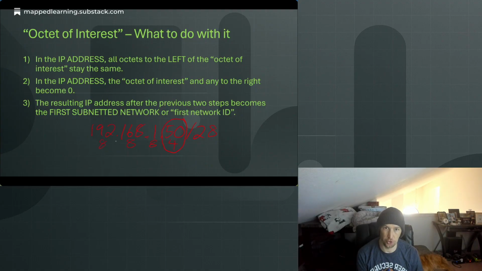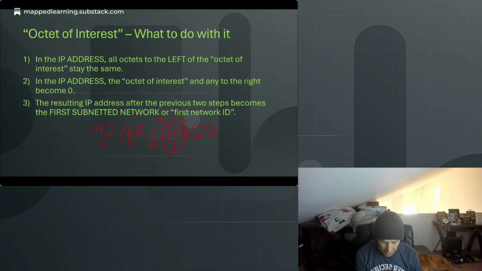All of these bits are turned on in the subnet mask, 255.255.255.240. Everything to the left of the octet of interest stays the same as far as IP addresses go.